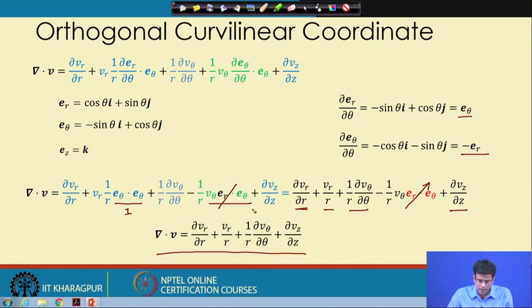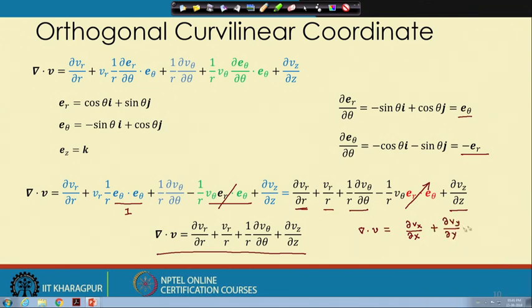Now you see, in a Cartesian coordinate system, we represent del dot V as ∂Vx/∂x plus ∂Vy/∂y plus ∂Vz/∂z.